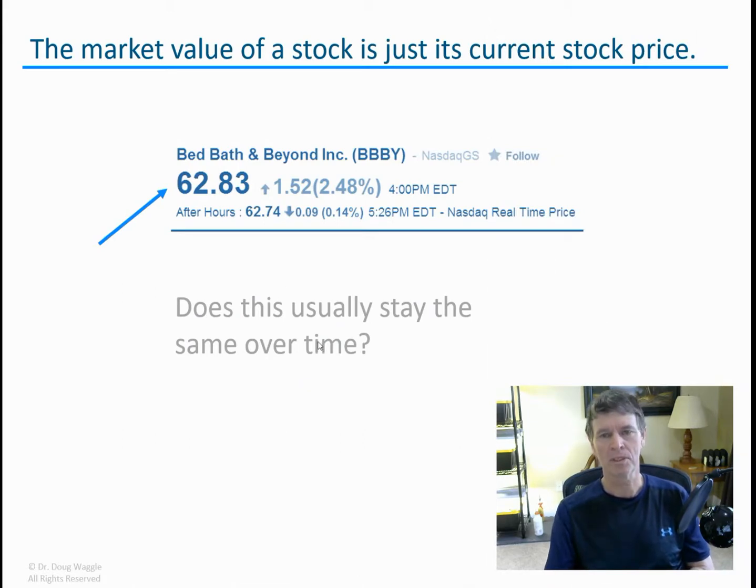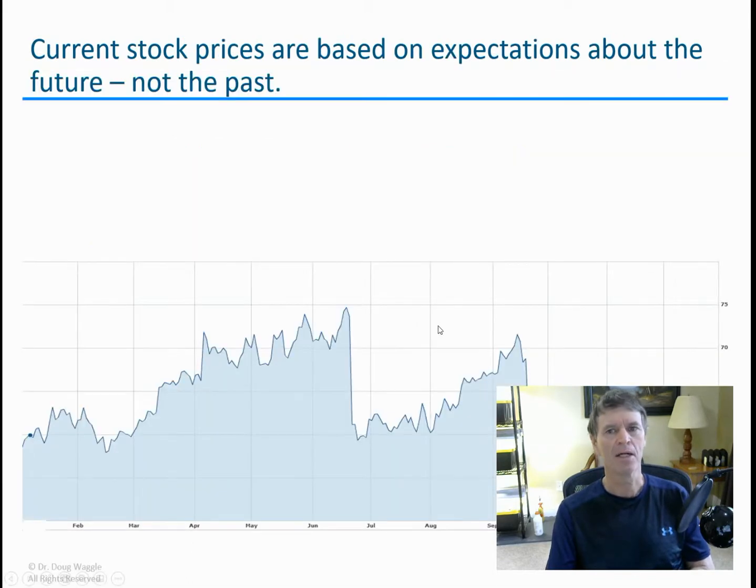So, of course, stock prices generally don't stay the same at all. All right, the current price that you see, so we just saw Apple Computer's price changing. That price is not based on the past. It's not based on, hey, what did Apple Computer do for me yesterday? It's what do I think Apple Computer will do for me if I buy it now? So it's based on expectations about the future.